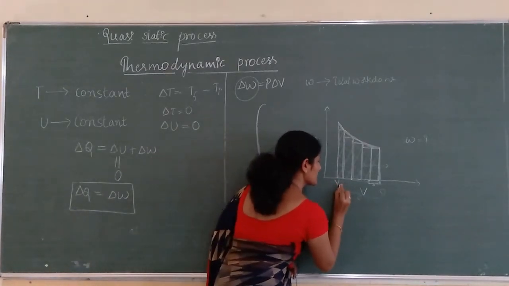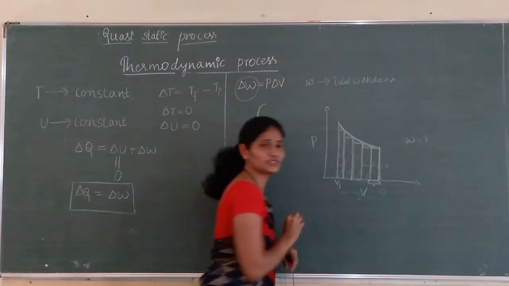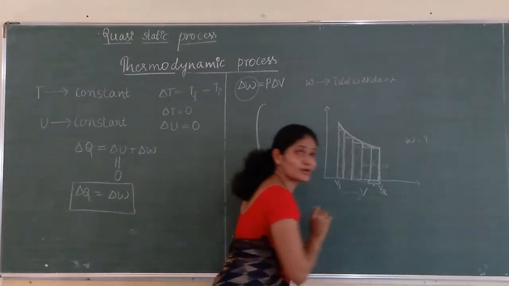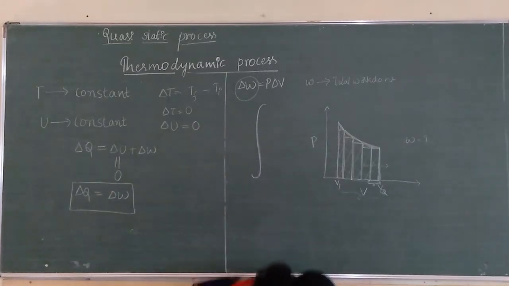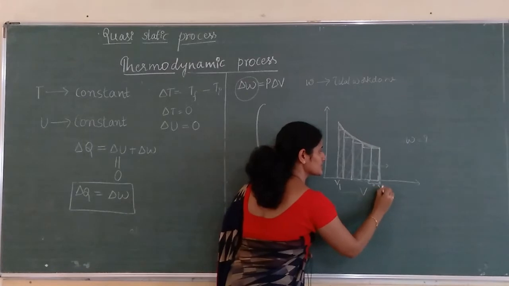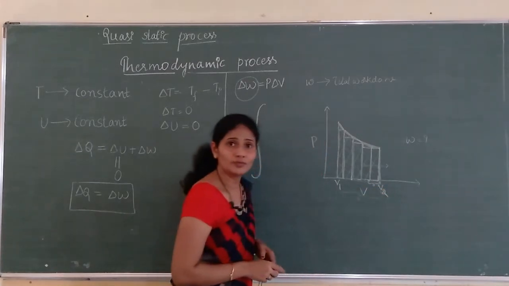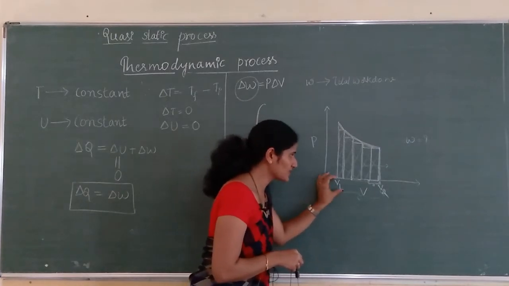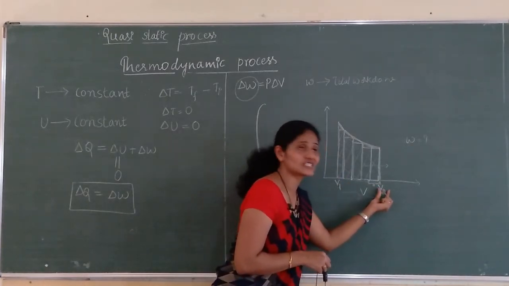So this is the initial volume of the system. On expansion, its volume changes from V1 to V2. This is V1, this is V2. Volume is changing from V1 to V2. So the lower point is V1 and the upper point is V2.